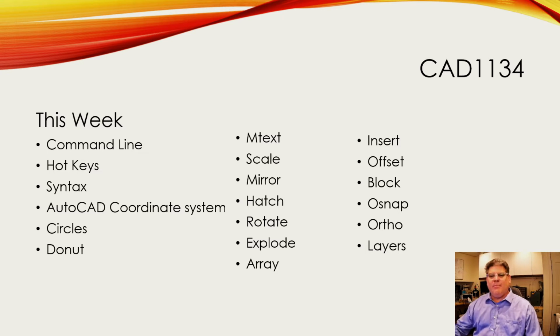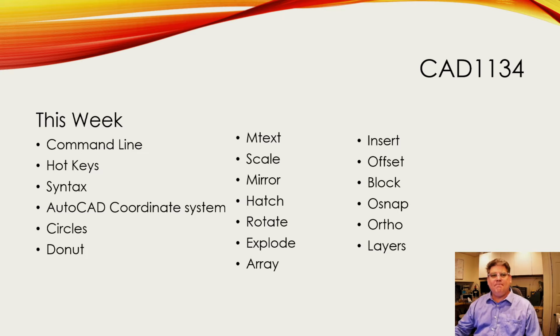Multi-line text or M-text, scaling, mirroring, hatching, rotating, exploding, arrays, insert, offset, block, object snaps, orthometric mode, and layers. So there's a lot of stuff that we're going to actually start playing around with, and the best way I feel is to actually drive around the environment with you, and we'll do an in-class exercise, and then I'll cut you loose to continue working on your schematic.